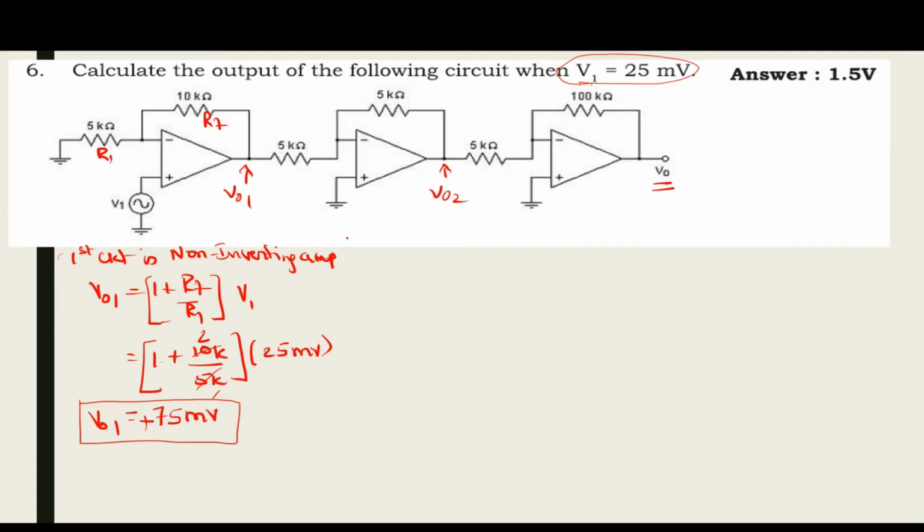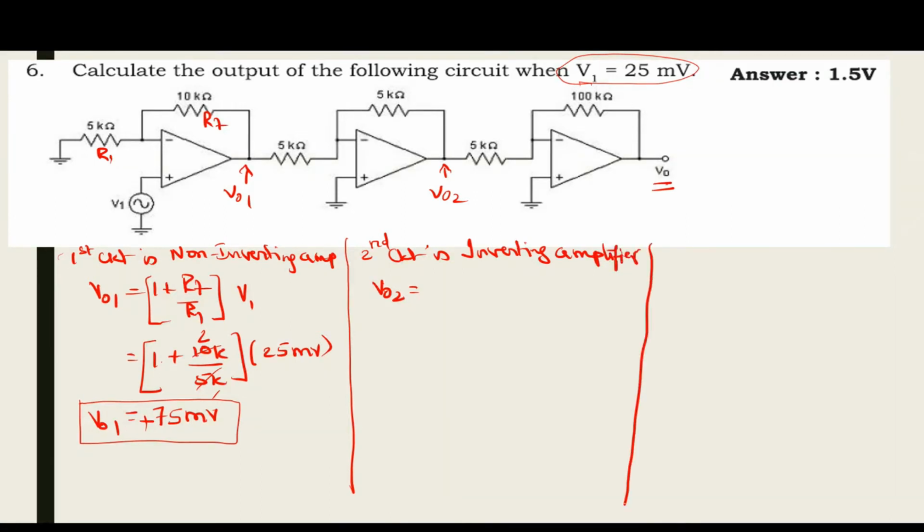Then the second circuit. Can you tell me what the second circuit is? Inverting amplifier. Actually, I can also write scale changer because RF is equal to R1. But if I write inverting amplifier, there is nothing wrong.